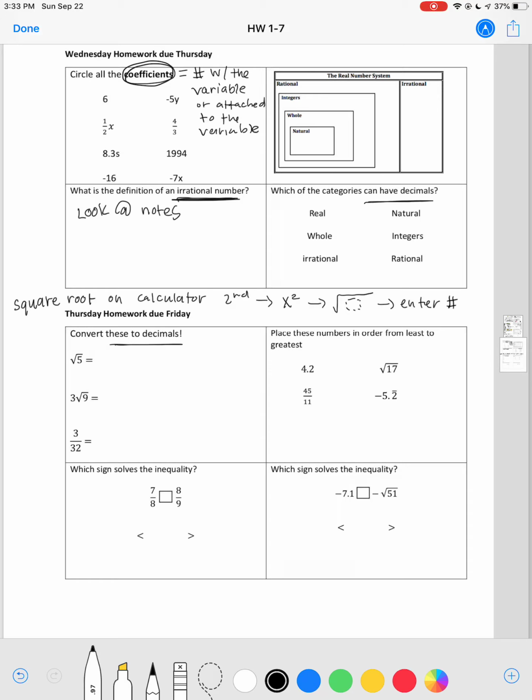All of these you'll be able to do on the calculator. This is a little bit different right here. These two are going to be multiplied.